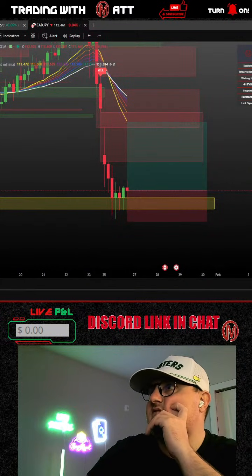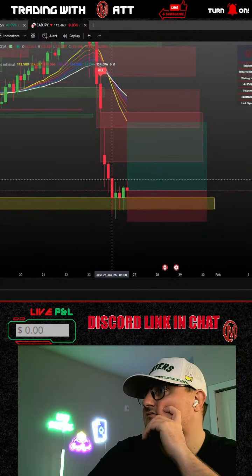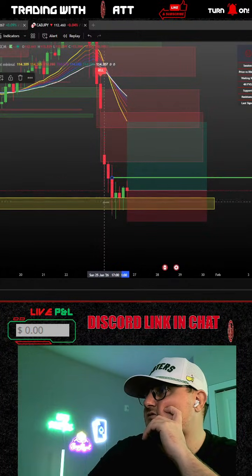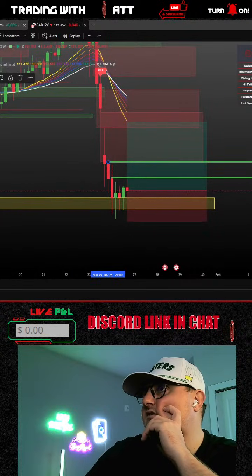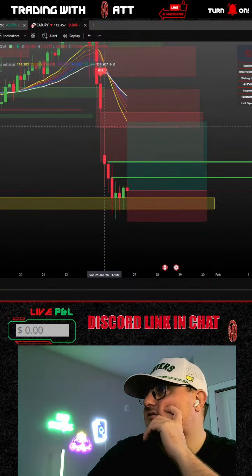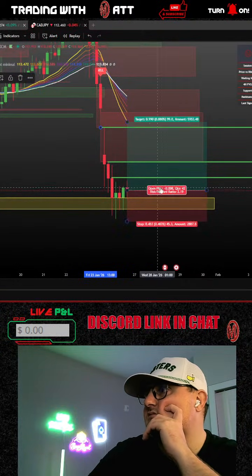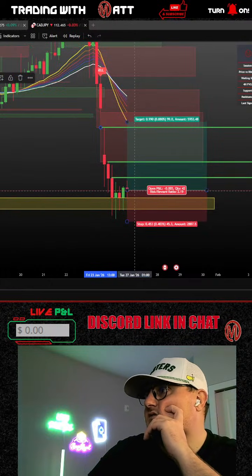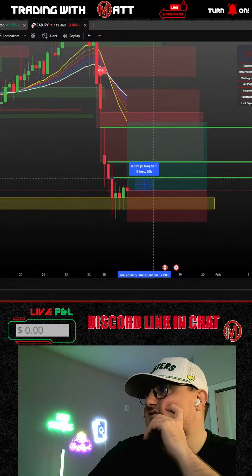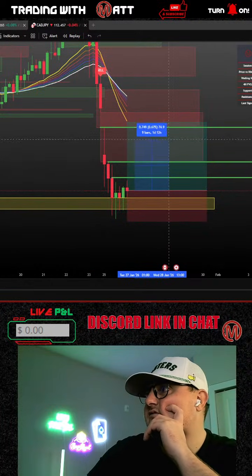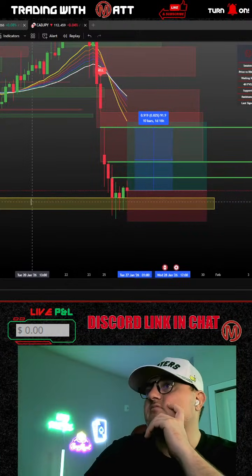You could set and forget like this. Your TP1 would be about right there, TP2 right there, TP3 the top of this zone. You'll go for 17, 18 pips, 40 pips, 91 pips at the top.